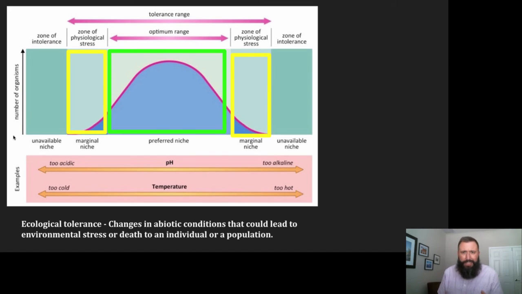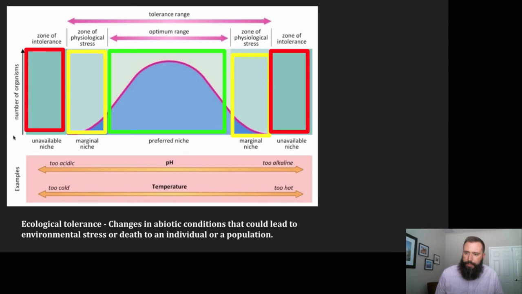Maybe a little heat stress decreases its ability to survive, reproduce, and live to its biotic potential, right? We're increasing the temperature so much that maybe we're damaging the integrity of the cells, or we're decreasing the temperature so much that we're not allowing metabolic processes to continue at the normal rate that they normally would, right? So we've got the optimum range, we've got the tolerance range that makes up the middle and the ends of our bell-shaped curve. And then on the extremes here, on the left and the right, is the zone of intolerance.